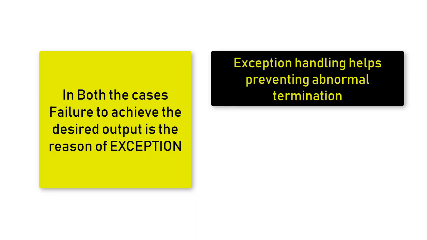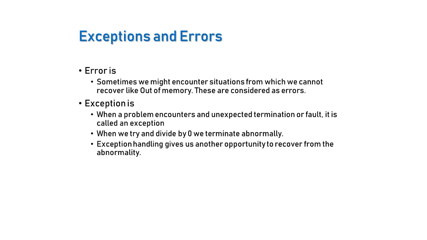Now the approach is to prevent it from abnormal termination. To understand it more clearly, let us first think about the programming approach with keywords of exception. Exception and error are two classes. Error is the class where sometimes we might encounter a situation from which we cannot recover, like out of memory. These are considered errors.